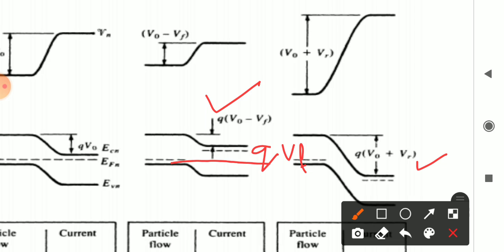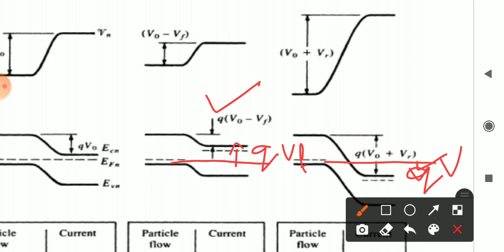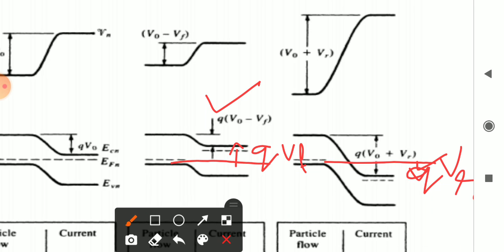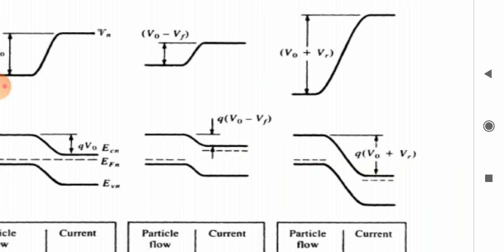So that much value it is shifted above. Similarly here, Q times VR, that is Q times VR. So that much of voltage is shifted below here. Clear, no?